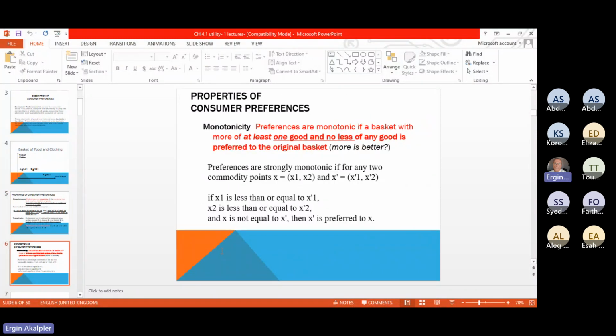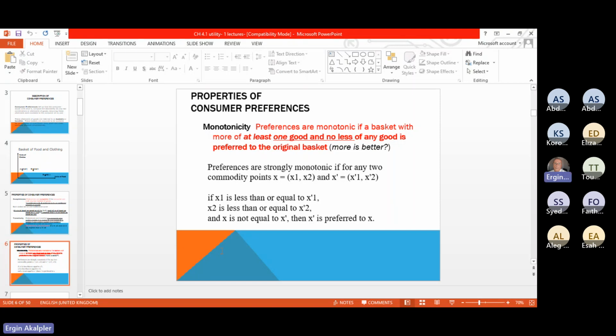The next property of consumer preferences is monotonicity. Preferences are monotonic if a basket with more of at least one good and no less of any good is preferred to the original basket; more is better.